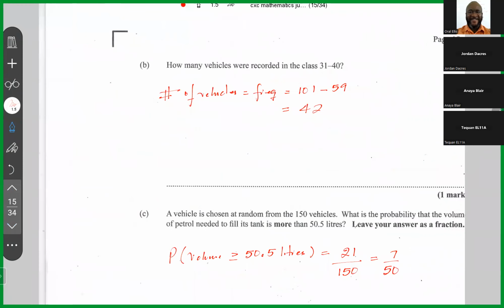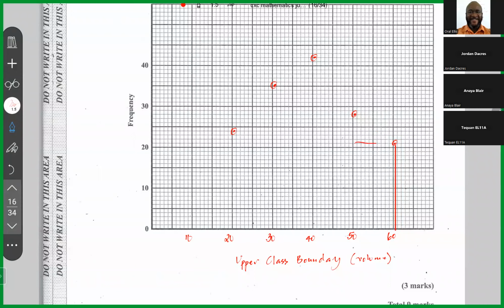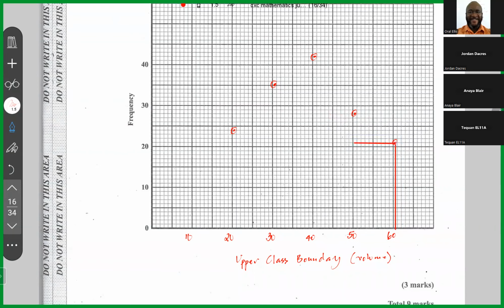All right, so I'm drawing my bars starting over the right-hand side, and I'm drawing a histogram. Please note that my lines are not exactly on one of the grid lines, they're between.